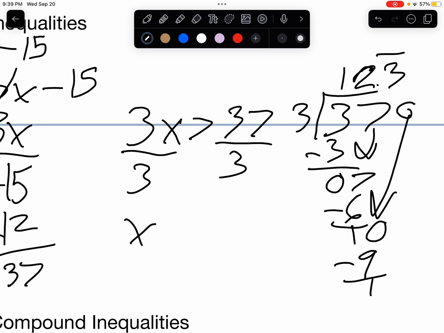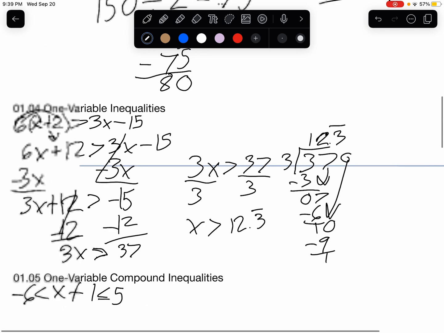The answer is x is greater than 12.3. That goes on forever.